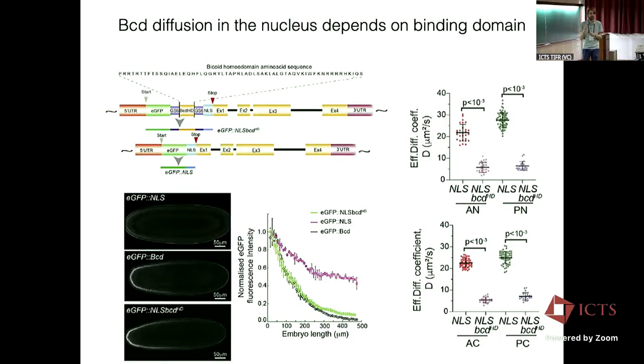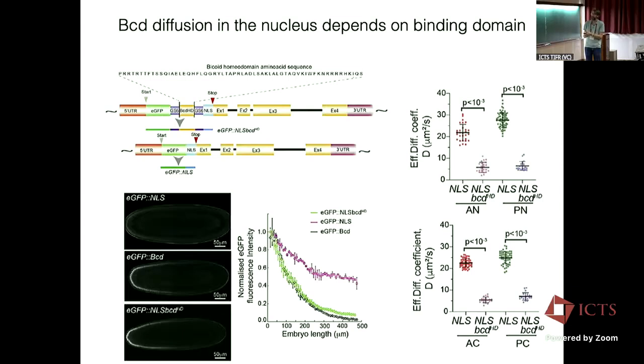homeodomain is important. So we took the alternative view, which is rather than trying to dissect piece by piece the homeodomain, let's take the whole homeodomain and stick it on an NLS. So this is just a nuclear localization signal, and we now stick the homeodomain on it. And it turns out that if you do this, now the NLS actually behaves like the Bicoid does, so the diffusivity gets a lot smaller.